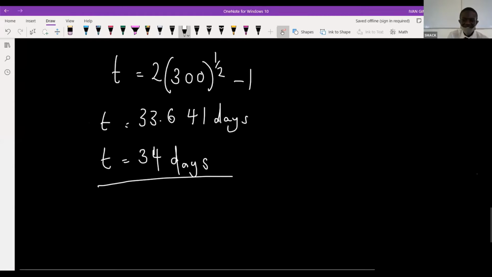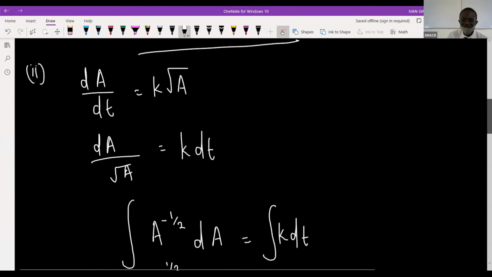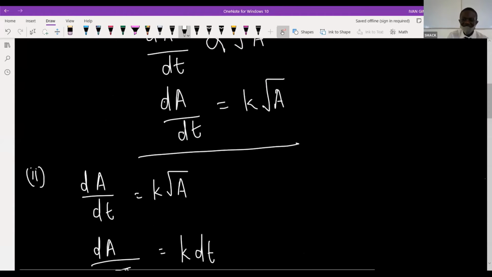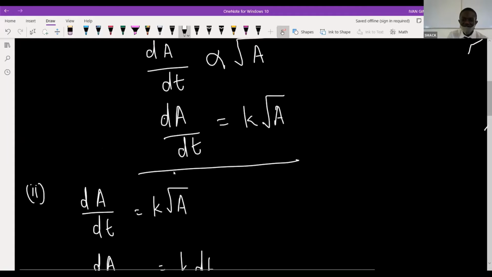So one thing to note is that once you're given such a question, and part 1 says form a differential equation, and it has only 2 or 3 marks, you can end here. But supposing a question comes and they've told you to form a differential equation and it's carrying 9 marks, you can go and check in past junior papers, there's one with 9 marks.